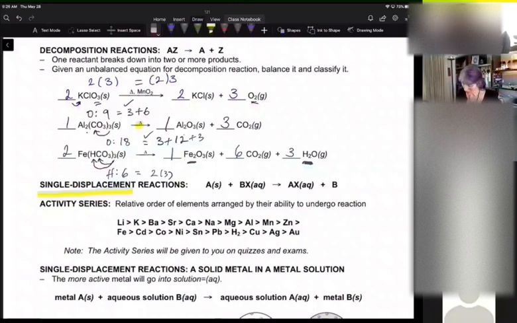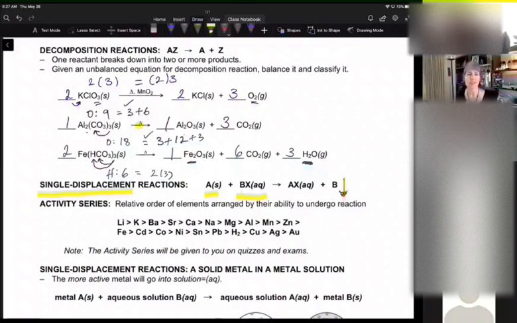Now, in this case, we have usually a metal, but maybe a hydrogen or another element with an ionic compound, and you're going to ask the question, does A bump off B and cause B to come out of solution?